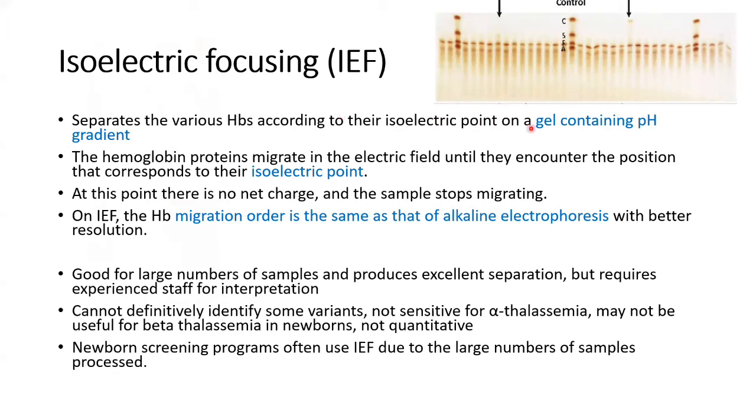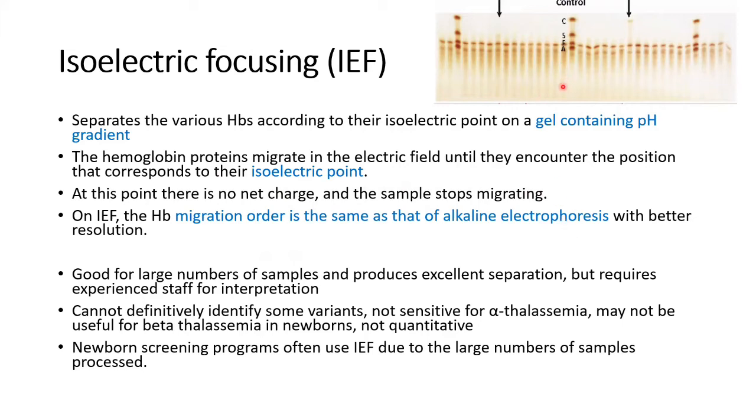Here the gel contains a pH gradient itself. So when the hemolyzed sample is applied to this gel, and the hemoglobin proteins migrate across this field, when they encounter their isoelectric point, there is no net charge and they stop migrating. So the pattern of the electrophoresis in isoelectric focusing is similar to alkaline electrophoresis.